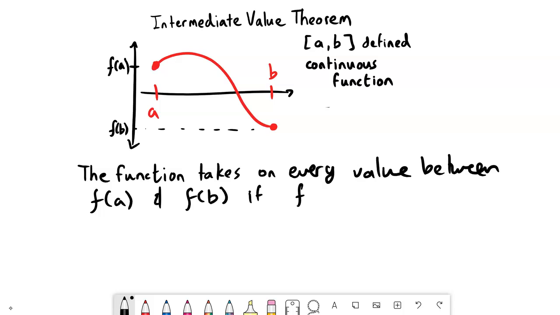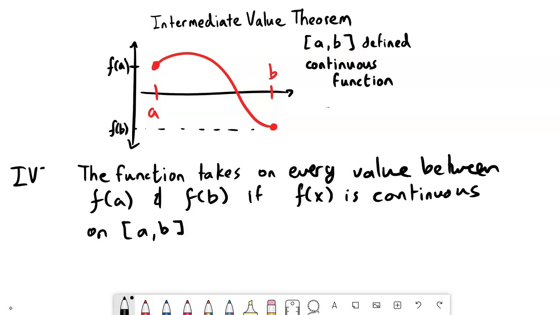If f of x is continuous on an interval a to b. Very simple definition. This is what the intermediate value theorem is.